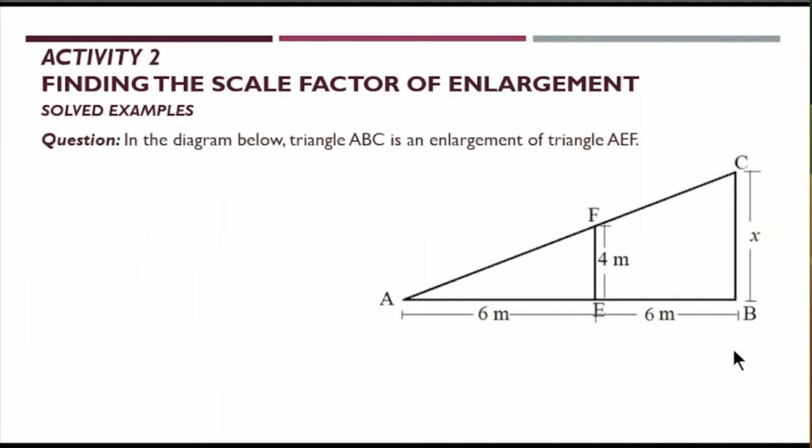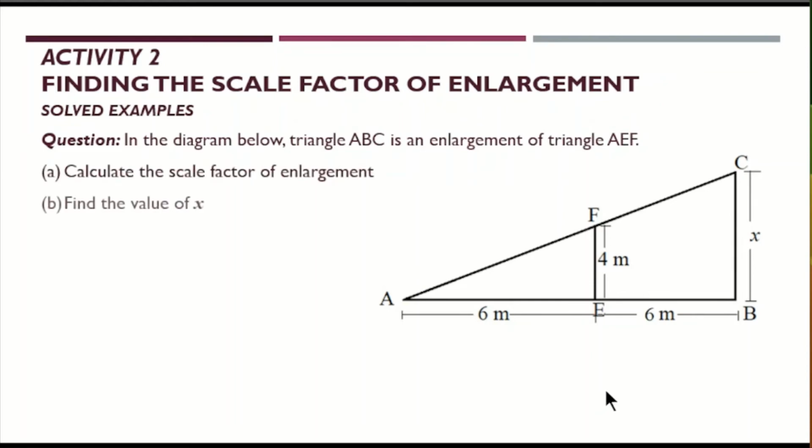Another example. In the diagram below, triangle ABC is an enlargement of triangle AEF. Calculate the scale factor of enlargement and find the value of x. So we are told that the big triangle ABC is the image, and the length of AB is 12 meters, because we have to add this 6 meters plus this 6 meters to give us 12 meters.